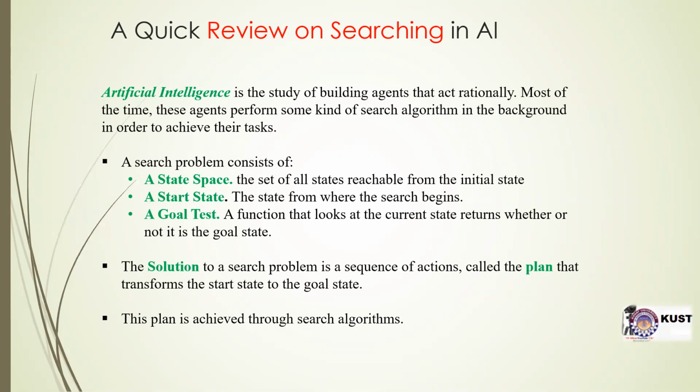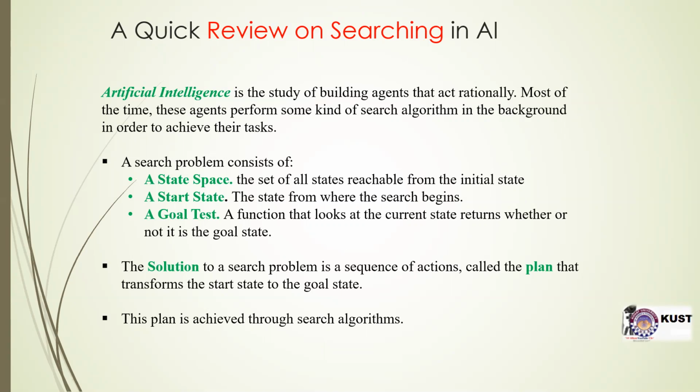This is a review slide defining artificial intelligence in terms of a problem solving agent. A problem solving agent usually performs searching in order to achieve the goal. A search problem mainly consists of a state space, the set of all states reachable from the initial state.